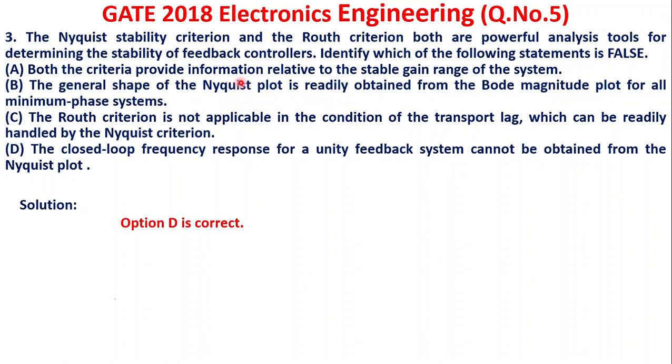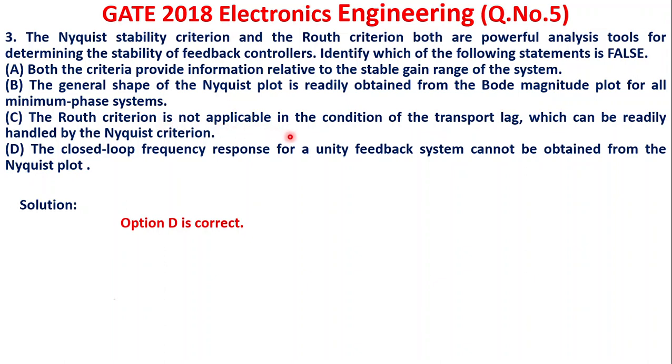This is also true. Routh criterion is not applicable in the condition of transport lag, which can be readily handled by the Nyquist criterion. Yeah, Routh criterion cannot be used, because transportation lag means e power minus sT. With e power minus sT, you cannot write the characteristic equation and solve, and you need the characteristic equation to find out the stability using Routh criterion.